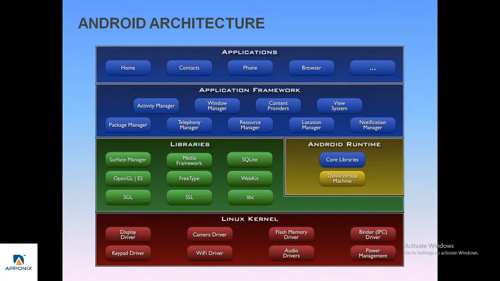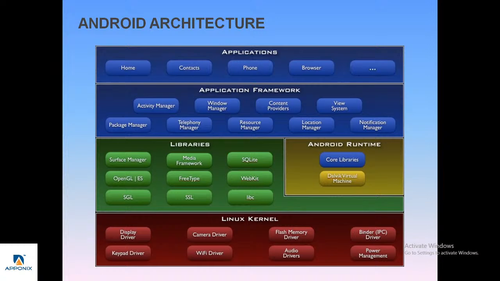So here Android has multiple libraries, and this green colored layer is mainly for libraries. These libraries and the runtime, two sections, are written in C and C++ programming languages.